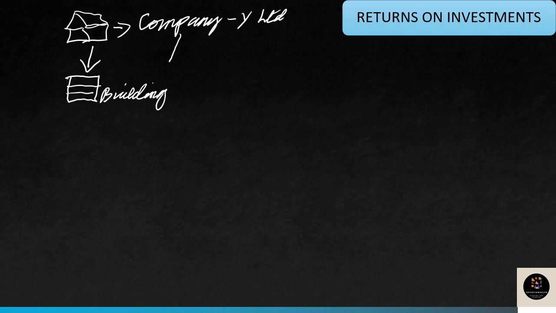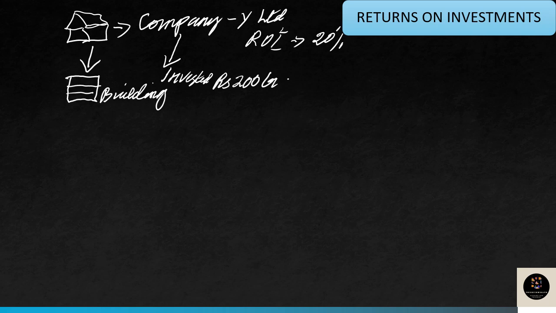Here company Y invested rupees 200 crore. We have already pointed out and mentioned all about these things. So now let's move to the expectation that return on investment expectation rate is 20%. We must remember this.